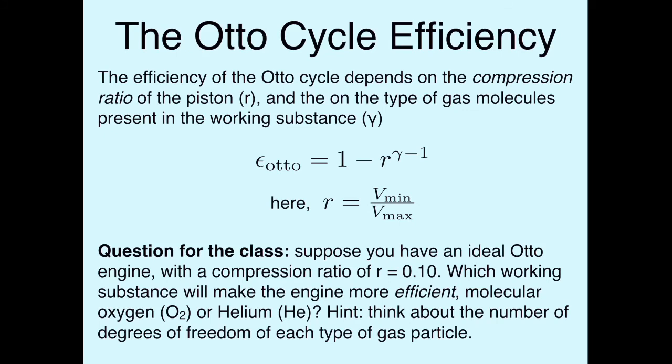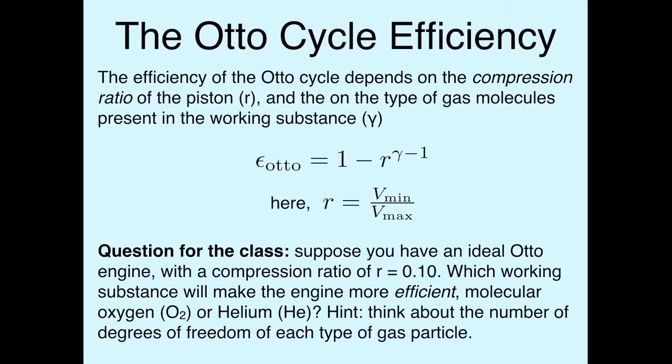Gamma has to do with the number of degrees of freedom of your gas molecules. So it's actually going to make a difference what type of gas you're using as far as the Otto cycle efficiency is concerned. Okay, so the actual working substance and the details of that will matter as far as the Otto cycle is concerned. So with that said, let's do a sample calculation.